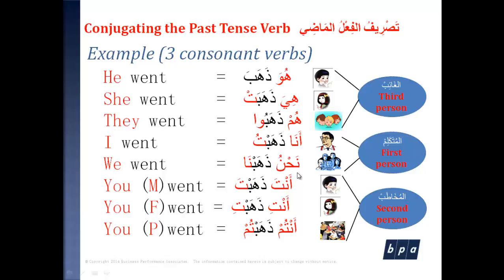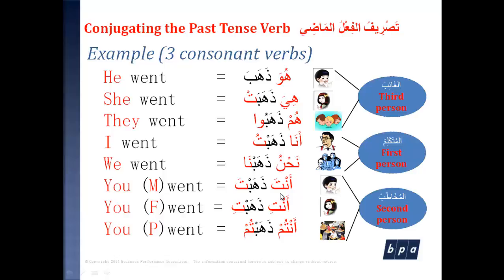When we say we went, nahnu dhahabna. We added a noon and an alif for the we, and we changed the accent on the ba from fatha to sukoon.